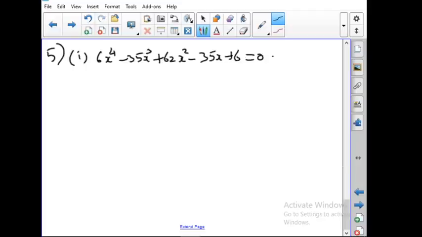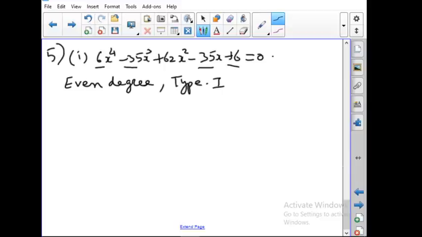This is a reciprocal equation. Degree is 4, so even degree. How do you check type 1? 6 and 6, minus 35 and minus 35. So this is of even degree and type 1.